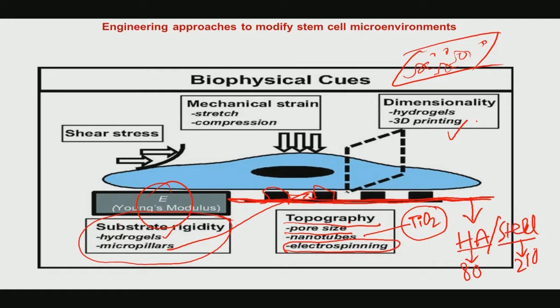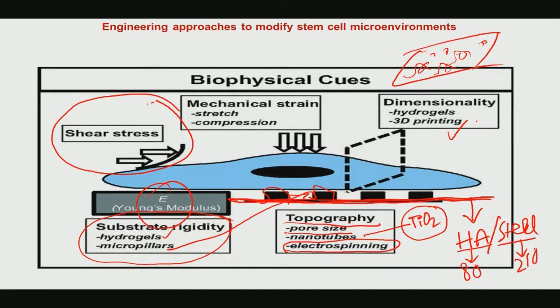Then, apart from this, you can have some external stimulation, such as shear stress. Typically, consider blood cells within a blood vessel. You have a certain blood flow, and endothelial cells, like endothelial tissues or smooth muscle tissues, always experience some kind of shear under physiological flow conditions. Under that shear stress, the cells will experience some kind of mechanical strain.